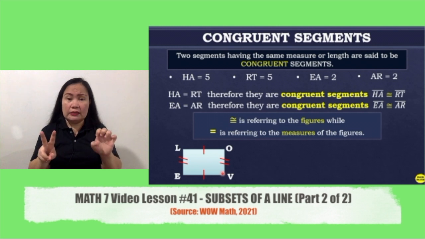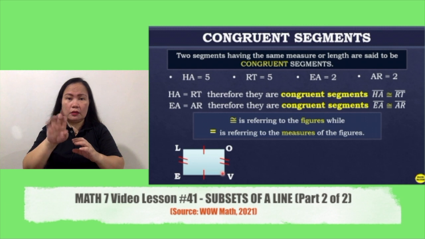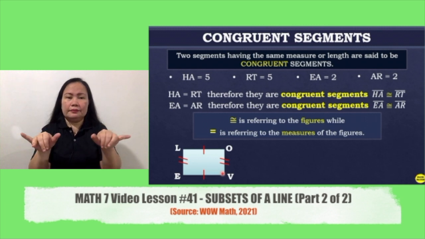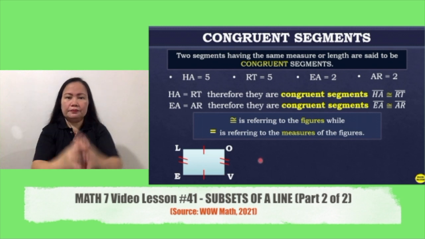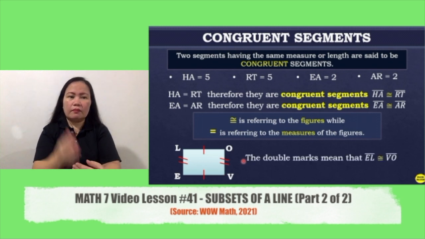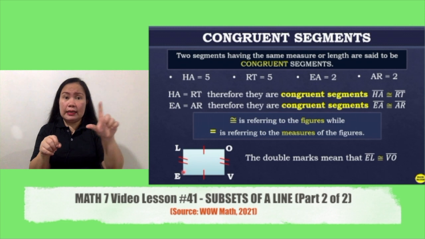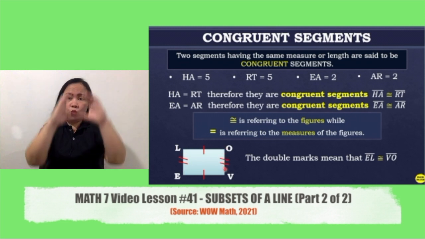Again, we cannot say that they are congruent segments if the measures are not equal. So, dapat pareho muna yung measure nila para masabi natin congruent. Okay? So, given this figure, the double marks mean that line segment EL is congruent to line segment VO.